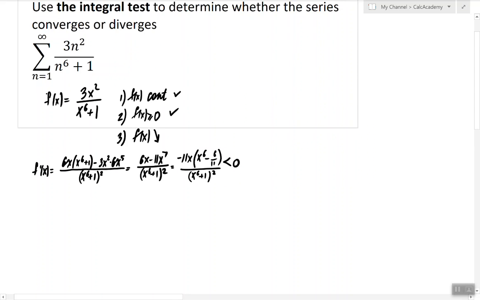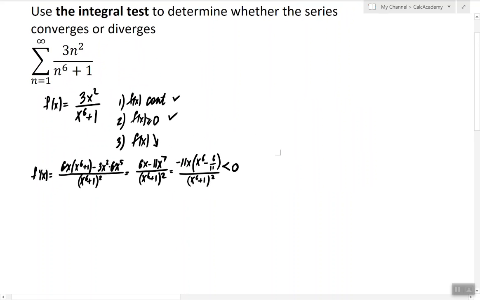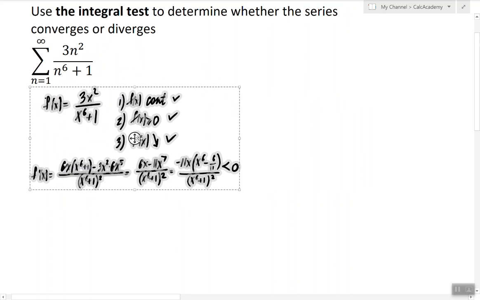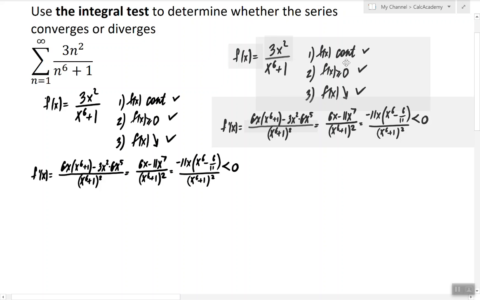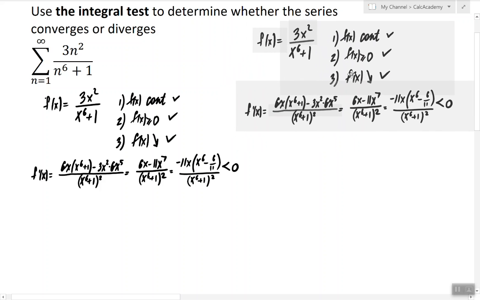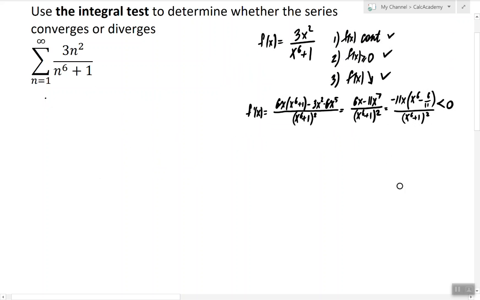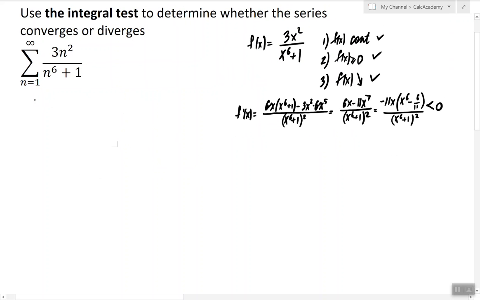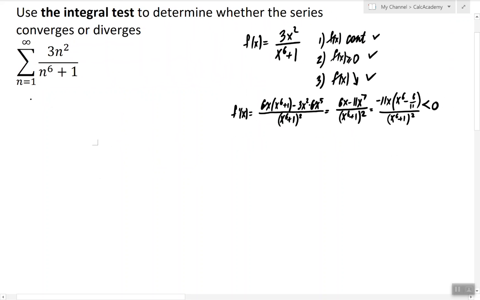Now, once all 3 conditions were verified, we set up and perform the integral test. The idea is that once the conditions were verified, the claim is that this series acts exactly the same way as the integral from 1 to infinity of this function.